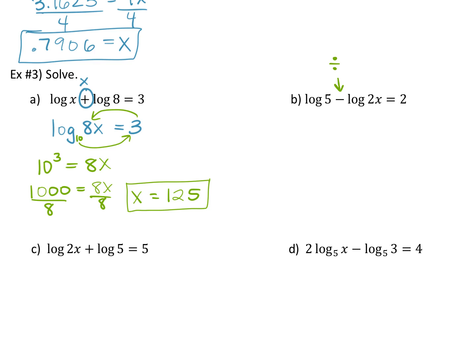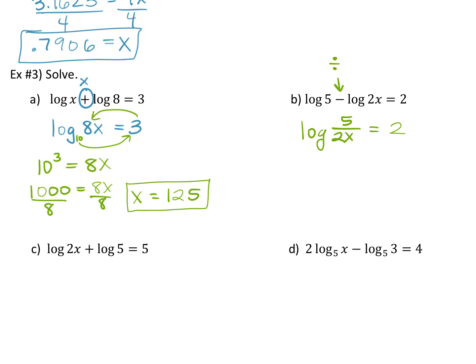How we doing? This one looks like it's a little bit of a struggle. How do you set this up? If it's division with a single log, the log of 5 divided by 2x equals 2. Now what? Divide. We're not actually going to divide it.